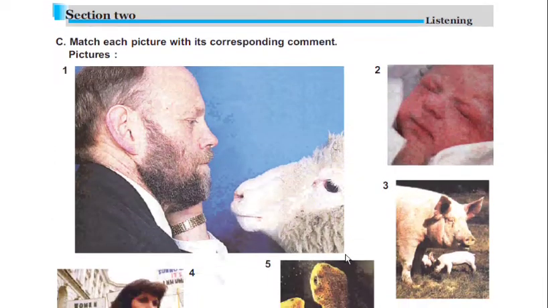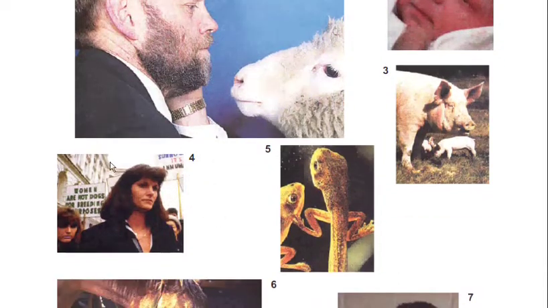In 4, as you can see, we have a number of women marching in the streets with some banners. You can read on that: women are not dogs for breeding purposes.